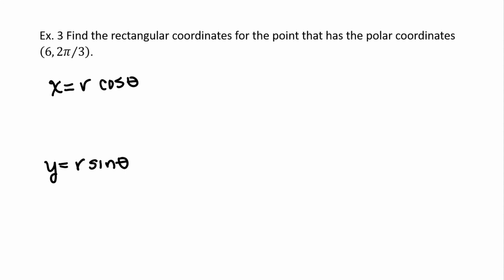But before we actually find the coordinates in rectangular coordinates, let's place where this point would occur. So I'll start with my polar axis. We're going to go 2 pi over 3, so that would put us in the second quadrant, and the length will be 6.